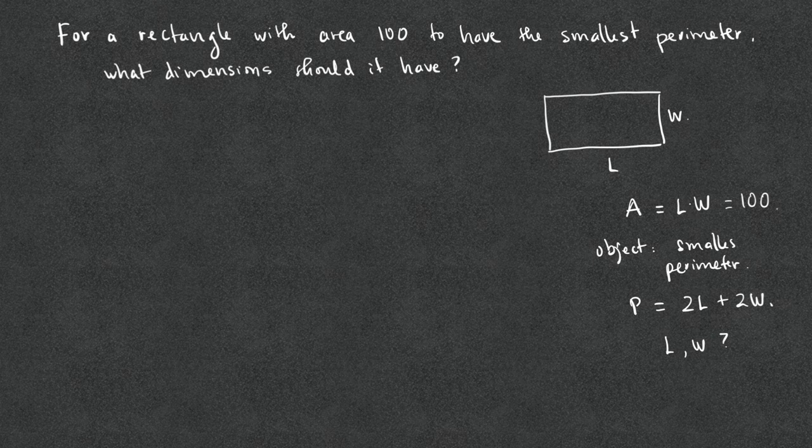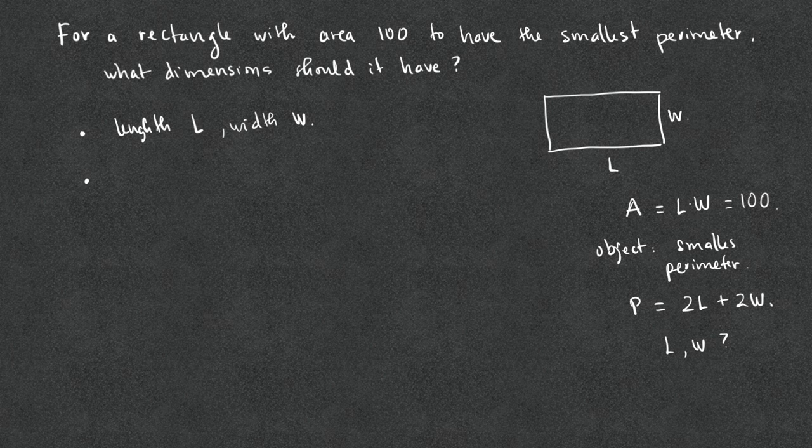The first step is to identify the variables, the unknowns, and the unknowns in this case are the length L and the width W. So we have two unknowns here. The next step is to determine the objective equation. The objective equation is the equation that we are trying to optimize.